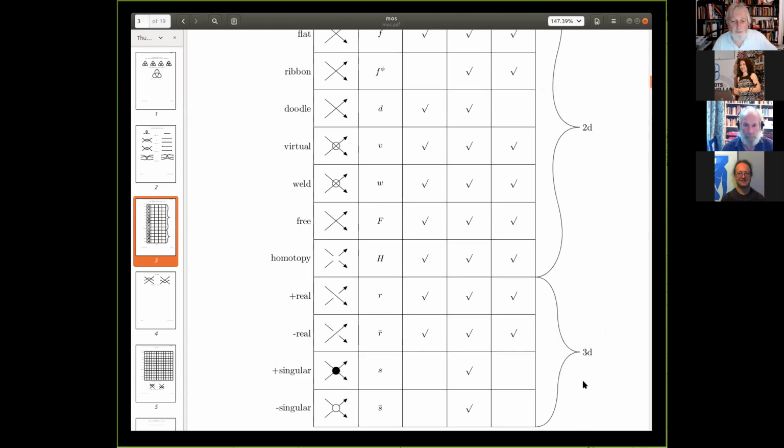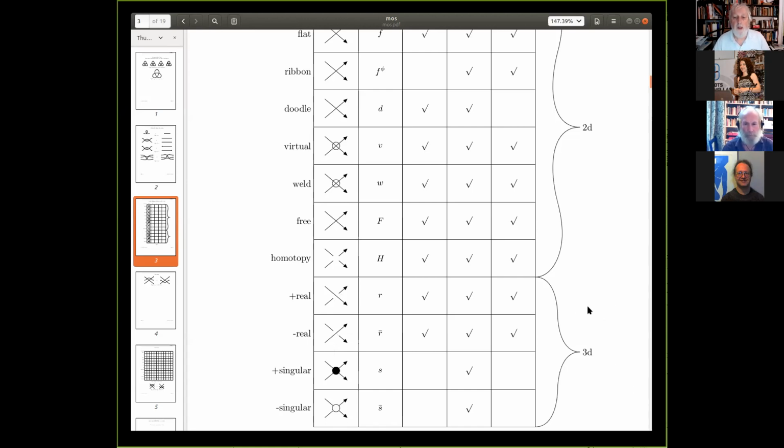Whereas the three-dimensional ones, and as far as I know, there's only two of them, real crossings and singular crossings, they have distinct inverses. I'll call those three-dimensional, right?